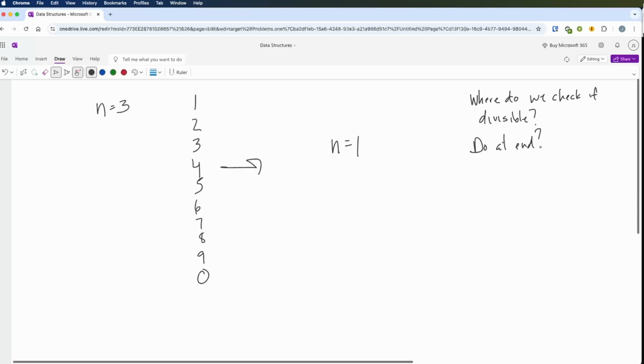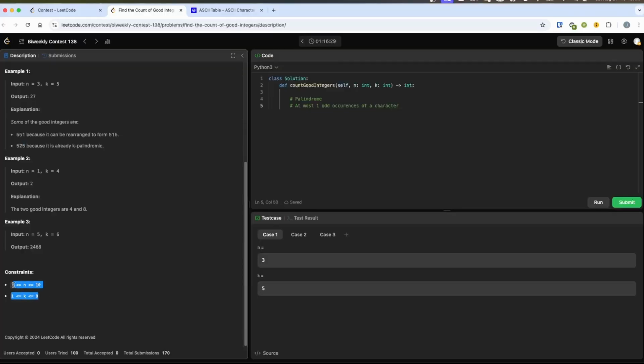After we've generated all the numbers, can we just do that? We just want to try every combination of numbers. This is interesting. So the constraints are really small.